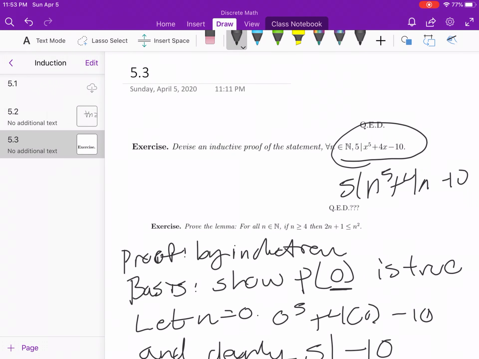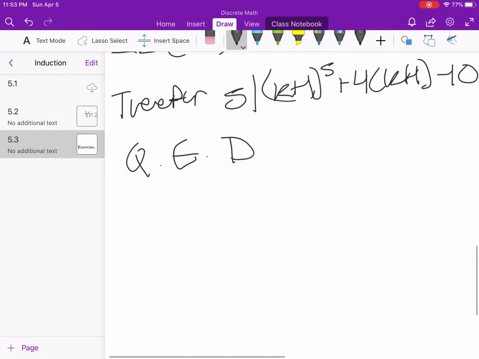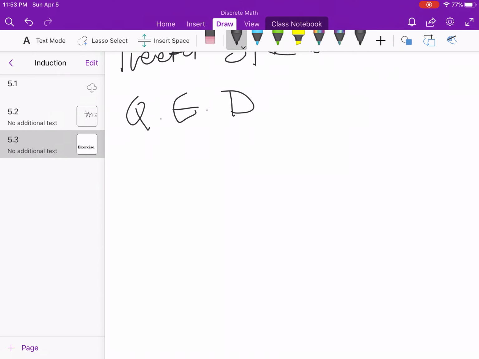Now let's do this last one. This actually is a lemma. What was happening in this one is this actually came from something else. You're trying to prove something about 2 to the k and k squared, I believe.